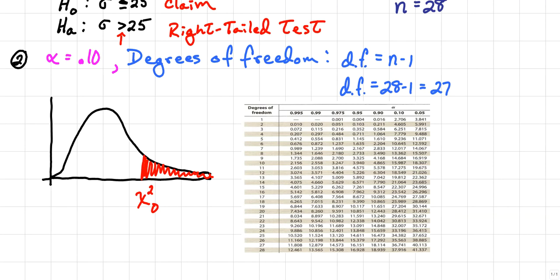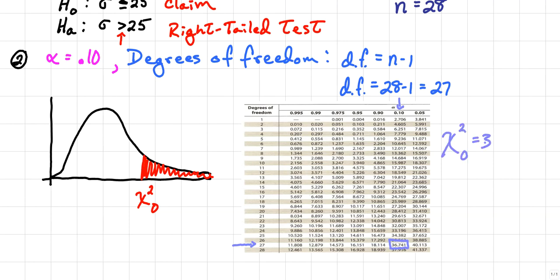Okay, so here's our table. And we know that the degrees of freedom is 27. So we'll be looking at this row here. And we also know that alpha is going to be 0.01, which is going to be right here. So we'll be looking at this column, and where the two intersect is going to be our chi-square value.